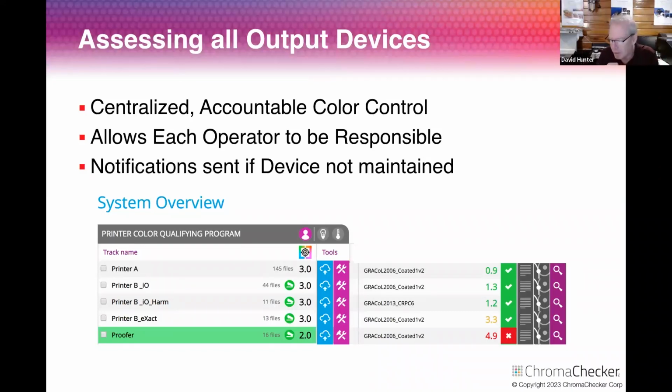And every time a file is measured, whether it's with inline spectro on an Indigo using ColorBeat, or whether it's a Komori with a nearline measurement system that's feeding the data into ChromaChecker, both the operator and the administrator can see in real time that it's performing the way it's supposed to be performing.